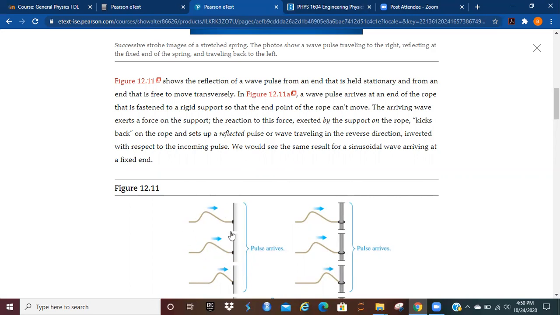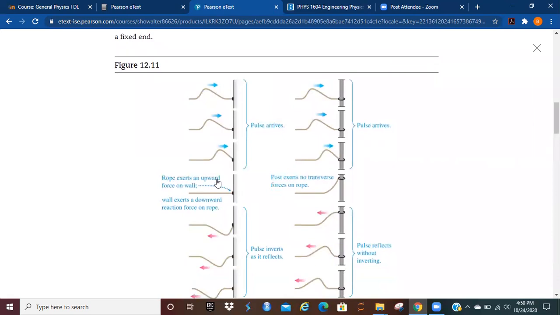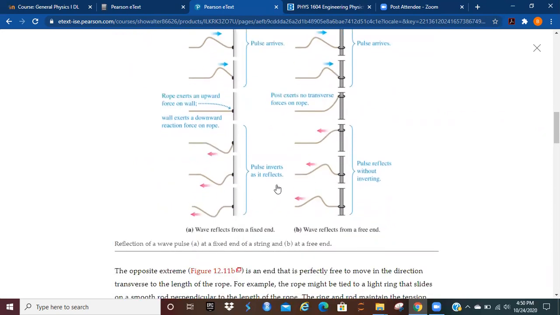In this part of the figure, a wave pulse arrives at the end of the rope that's fastened to a rigid support. The arriving wave exerts a force on the support. The reaction to this force exerted by the support on the rope kicks it back. So you can see that the rope exerts an upward force on the wall, the wall exerts a downward force on the rope, and then the pulse inverts as it gets reflected.